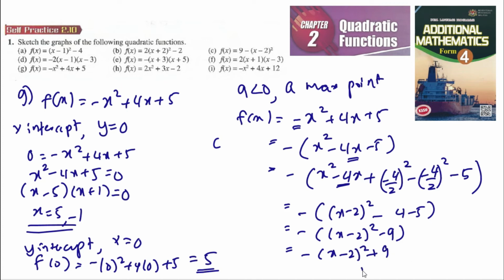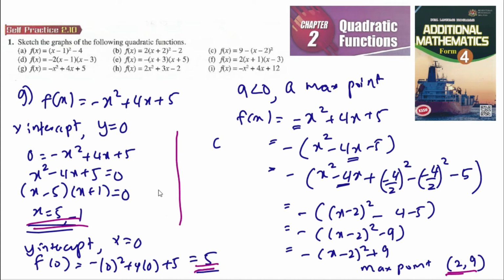So we see the maximum point is 2 and 9. So we have the x-intercepts, 5 and negative 1, and the y-intercept is 5. The maximum point is 9. So we can see all the y is positive.